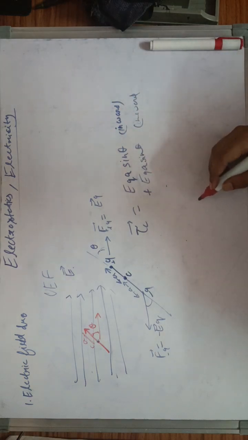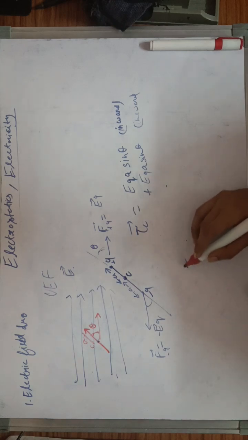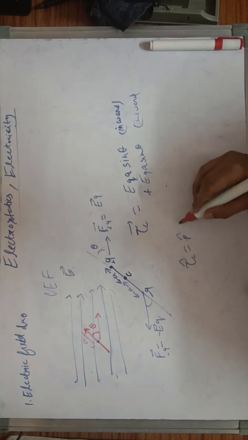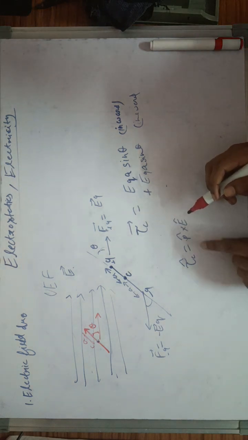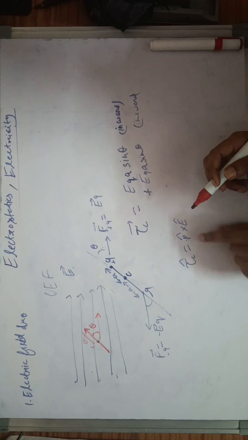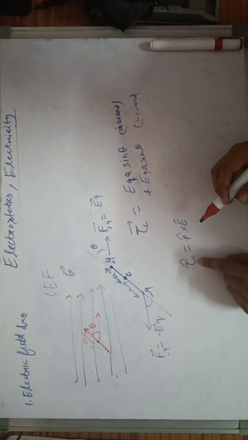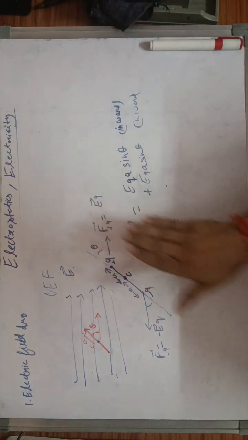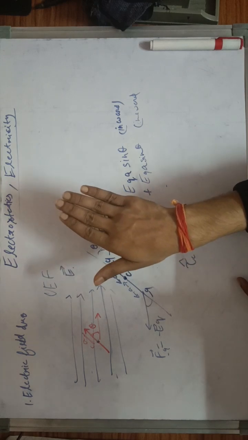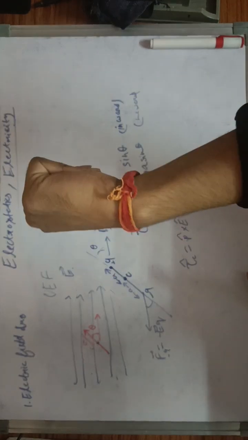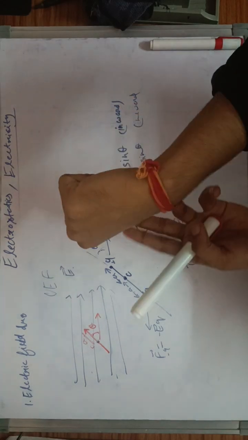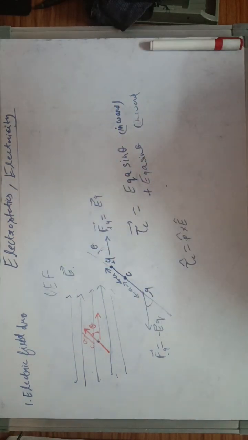We find out that the direction of this torque about the C point is equal to p cross E. The unit vector of p cross E gives the same direction as this torque. This dipole moment vector is in this direction and the electric field is in this direction, so the torque is in the downward direction.